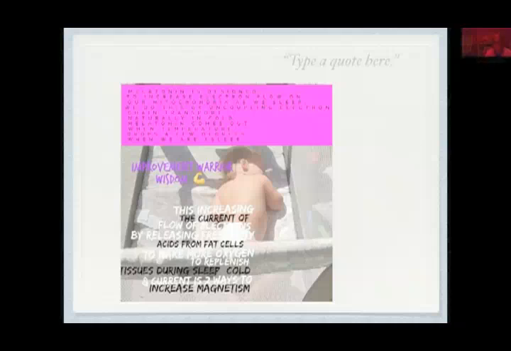This increases the current of flow of electrons by releasing free fatty acids from fat cells to make more oxygen to replenish our tissues during sleep. Cold and current are the only two ways to increase magnetism.